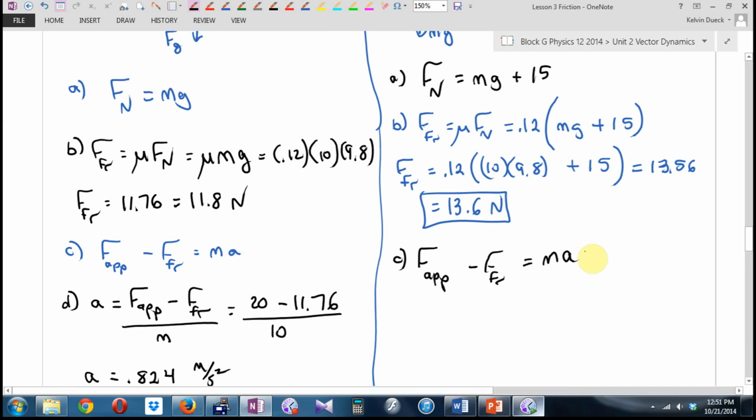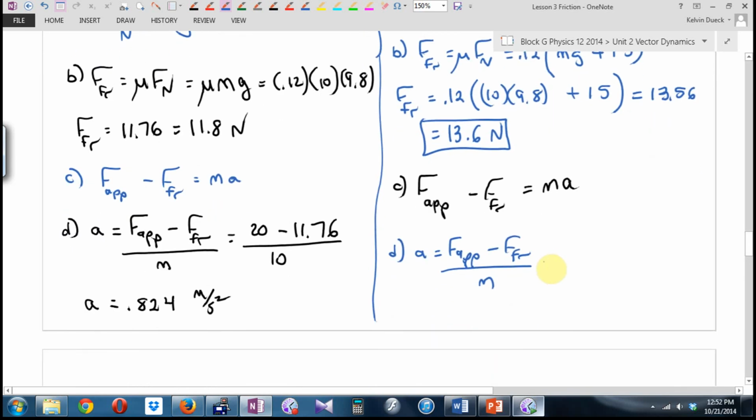Anita, what's part D asking me to find, kiddo? How would I get the a by itself in my equation? Usually once you get the equation, the arithmetic is fairly plug and chug-ish. But it's getting the equation, which is why I'm spending time on this, and this is a job for a free body diagram. So it's going to be applied minus friction divided by the mass.